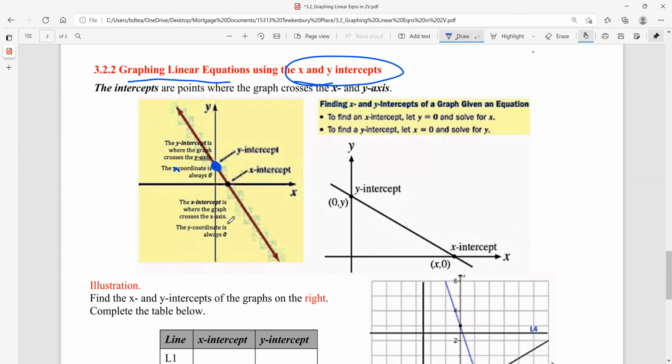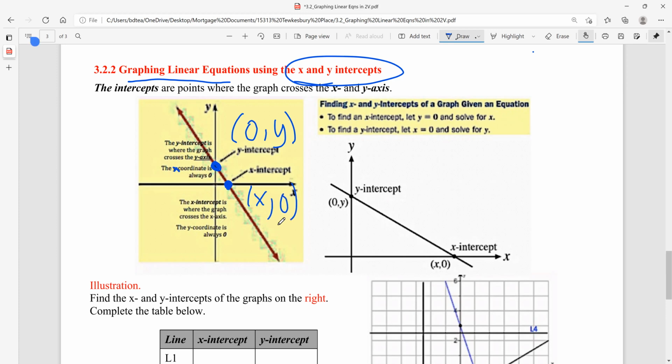And whatever this point is for y, we know that x is 0. We don't know what y is because there are no numbers, but we know that x is 0. This point right here is the x-intercept because this is where it intercepts the x-axis, and where it intercepts the x-axis, that means that y is always 0.